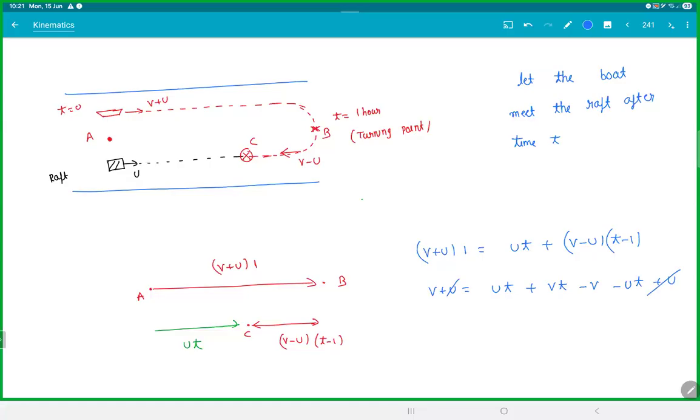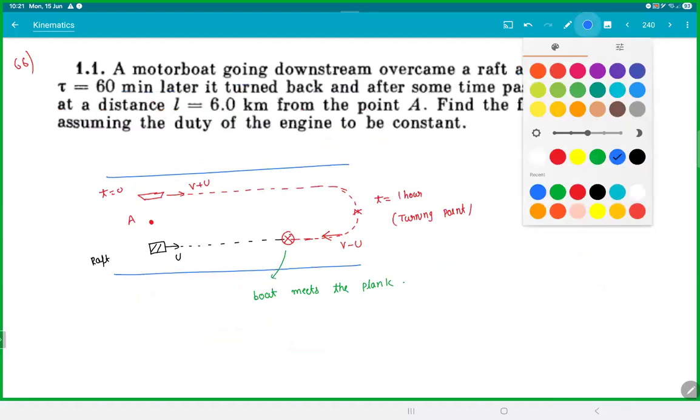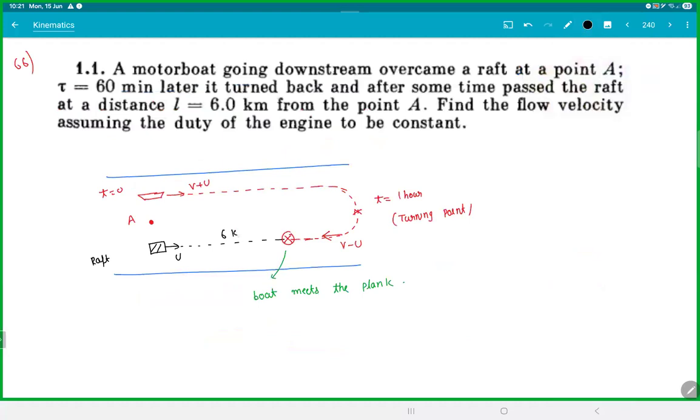u goes off, ut goes off. We get 2v is equal to vt, v goes off, and we get t is equal to 2 hours. So the total journey took 2 hours. It is also given in the question that they meet after 6 kilometers. So this distance was 6 kilometers.